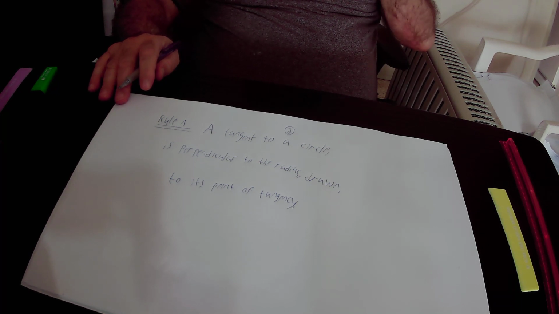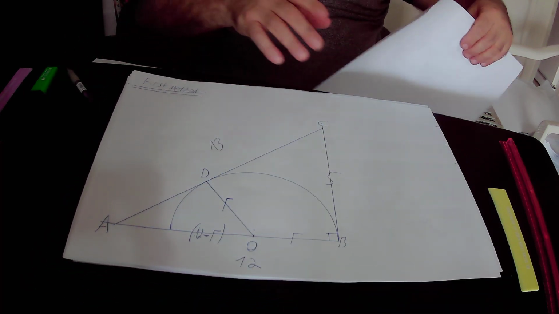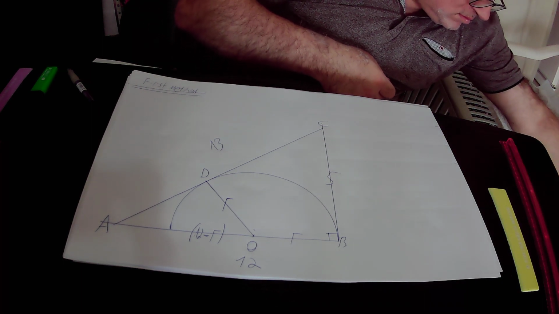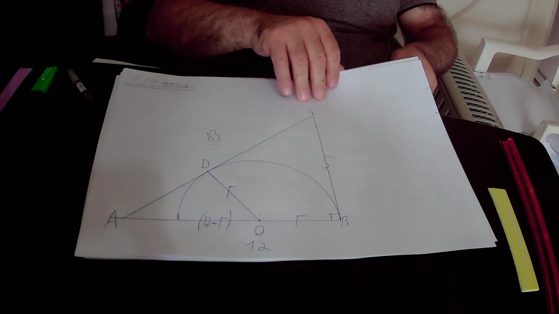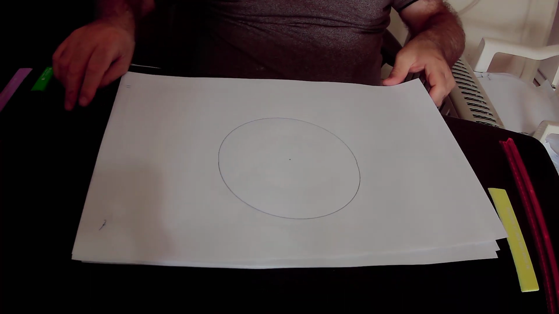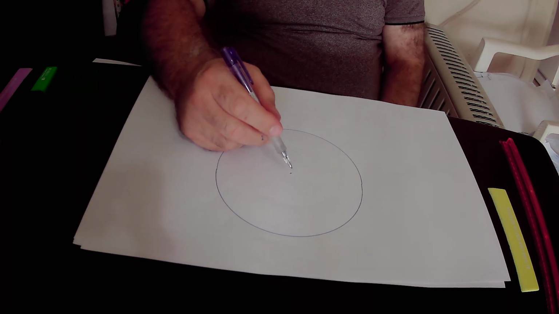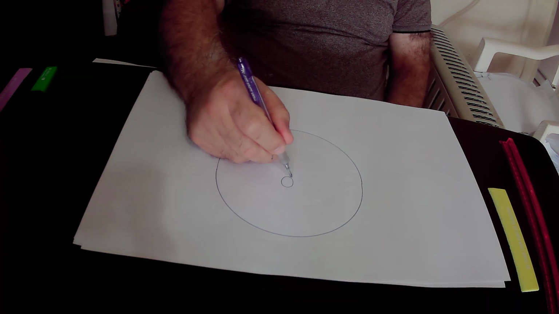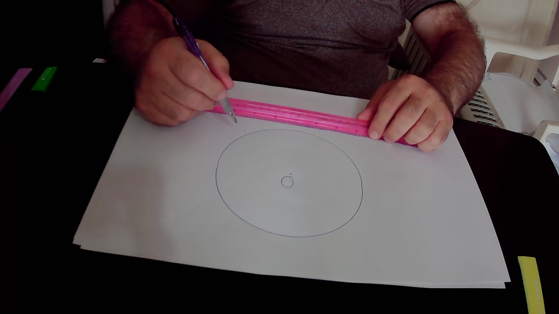So what is the meaning of rule number 1? The meaning of rule number 1 is that if we have a circle and the center of this circle is at this point, we will define the center of the circle as point O, and we also have tangent AB.